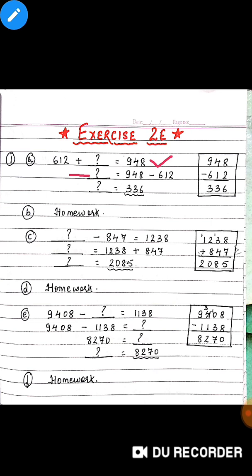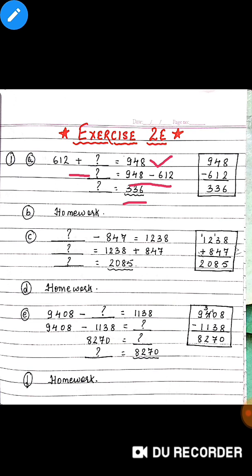So in this case, obviously 948 will be greater than both of these addends. So here we will subtract the two given numbers, that is the sum, which was 948, minus one of the addends which is given, that is 612, to get the answer 336, which was your missing addend.